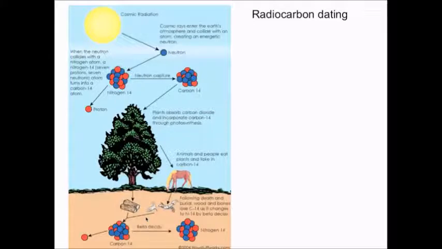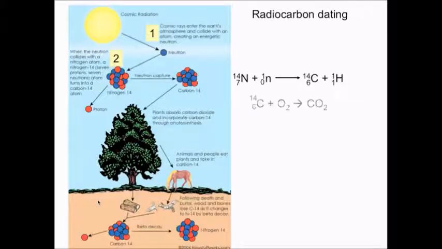Now, here's a little bit on radiocarbon dating since it's always in the news. Where does the carbon-14 come from? If you follow along here, in the first step, cosmic rays enter the Earth's atmosphere and collide with atoms, creating neutrons. That neutron hits the nitrogen-14 atom, and we get carbon-14 produced and a proton.